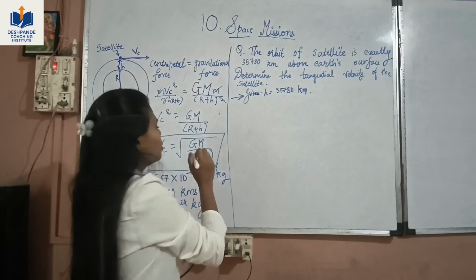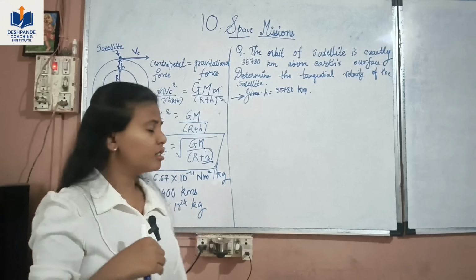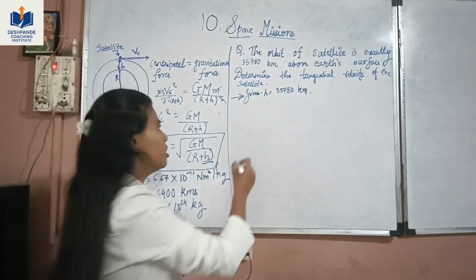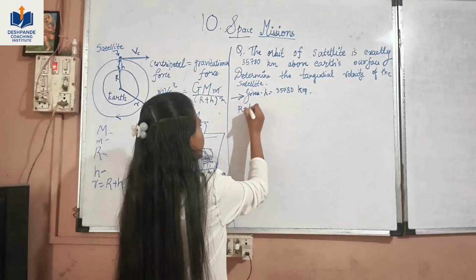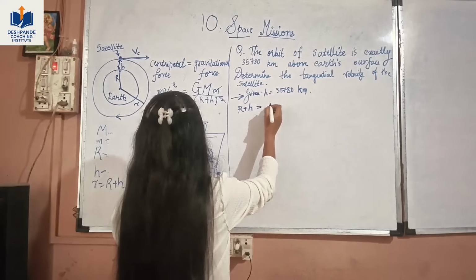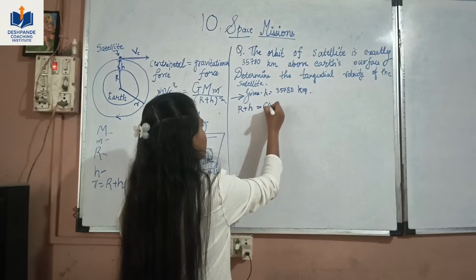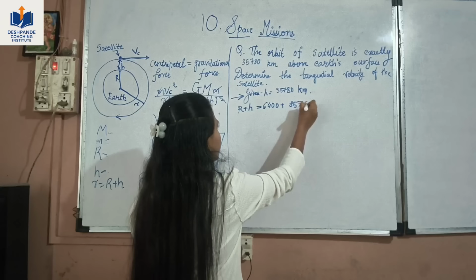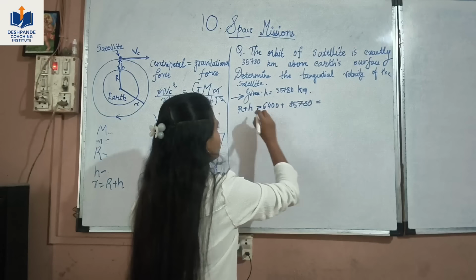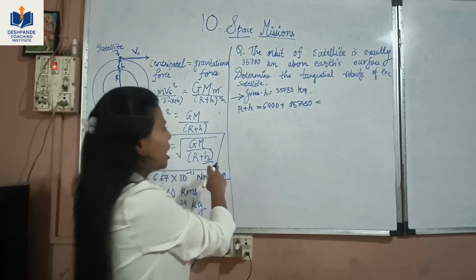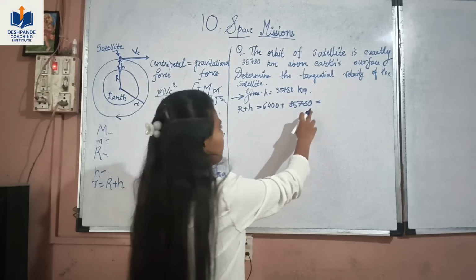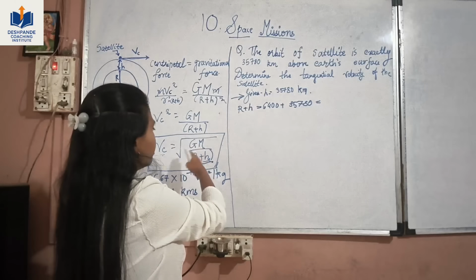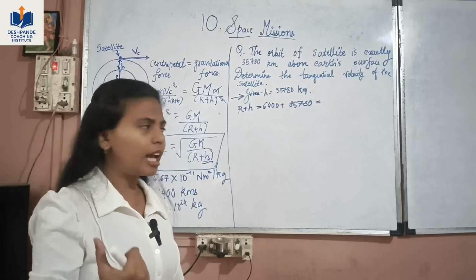First of all, to ease the process, we will calculate R plus H and then we will substitute. So R plus H will be the radius of Earth, 6400 kilometers, plus 35,780 kilometers. So it will give us the value of R plus H, and we will convert it into meters because everything should be in SI units, kg and meters.